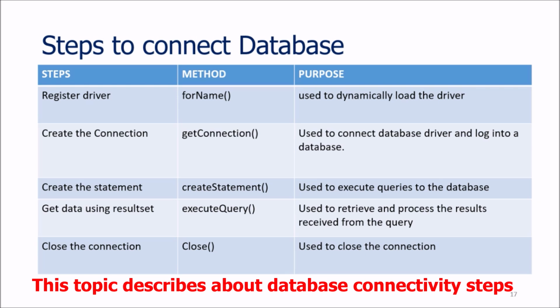And finally, close connection. Close connection is used to close the database connection. These are all the five steps involved to connect the database from client application to the relational database.